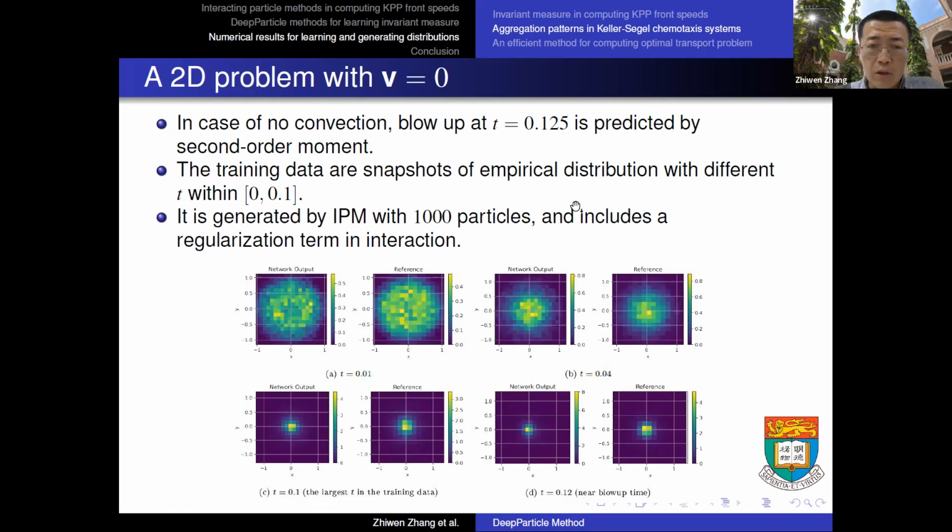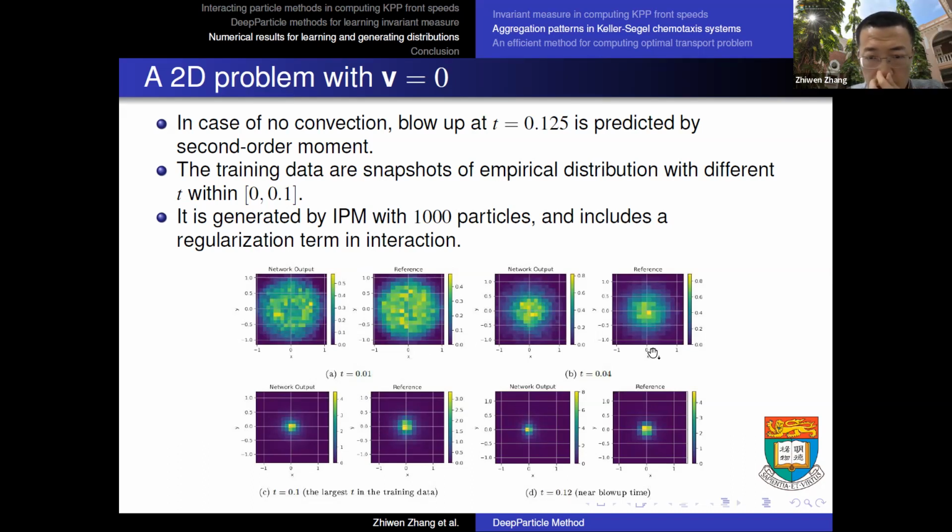In this case we view t as a parameter. We generate data from 0 to 0.1 every 0.01 unit, so we get 11 training data sets, and we apply DeepParticle hoping to learn the dependence of this aggregation pattern on time t.